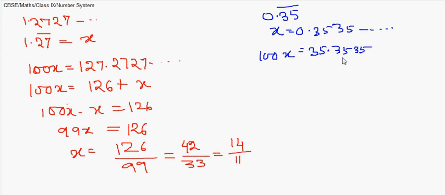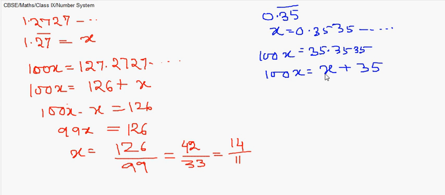How is this going to be represented? Because I have already taken x as 0.3535, 100x is actually equal to x plus 35, which gives us 35.3535.